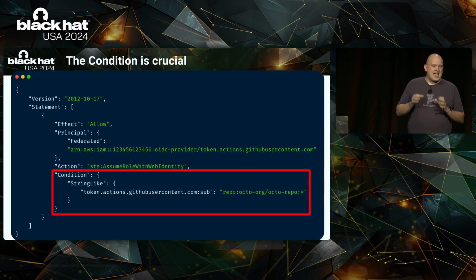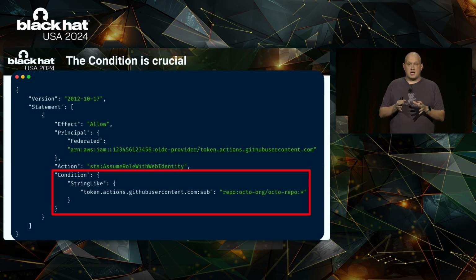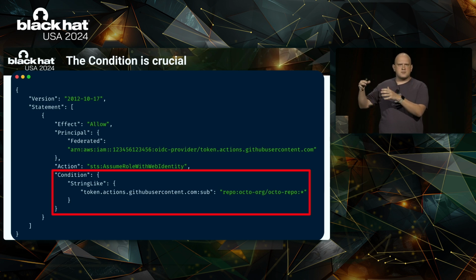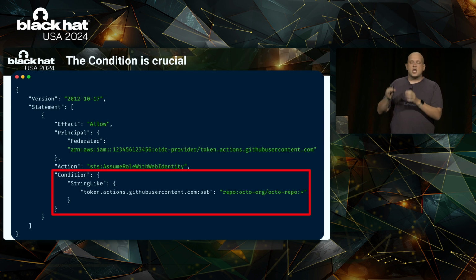That is why anytime you use assume role with web identity with an identity provider that is public or global in a sense, you need to have a condition which restricts who specifically is permitted to assume that role. Again, assume role with web identity is a general design pattern. The specific condition that you need will depend on the scenario.